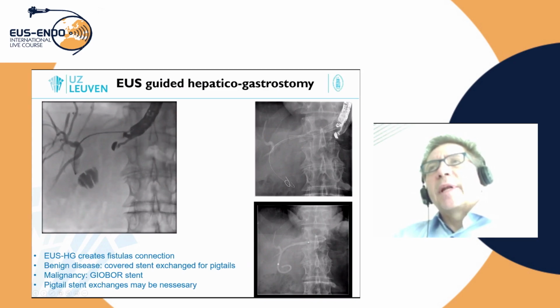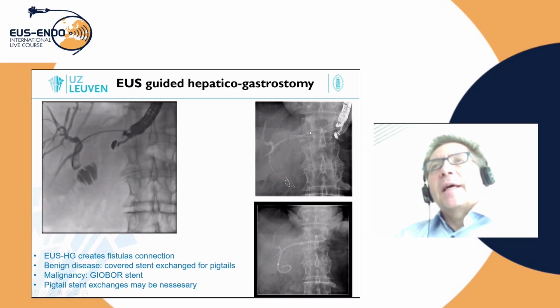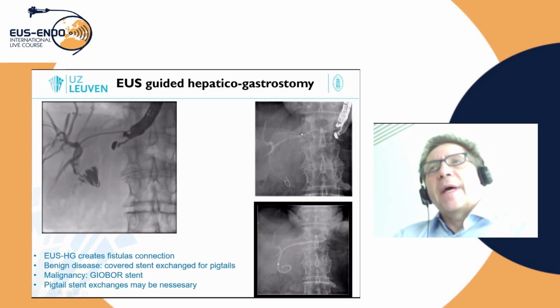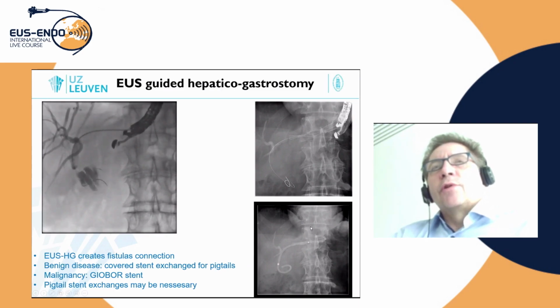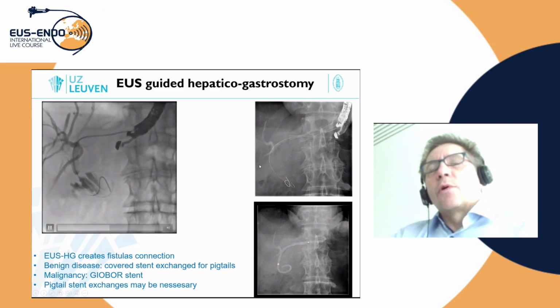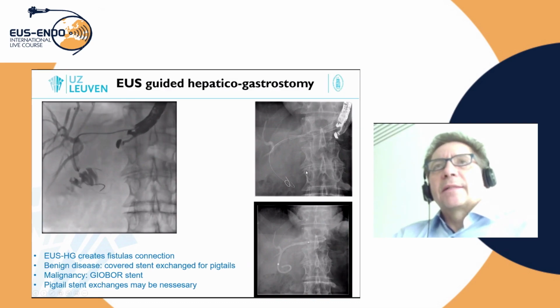This allows us to place a fully covered stent and then allows us to remove the stent after a week, and we have a tract from the stomach that we can then go back into the anatomy to define the cause of the obstruction, to remove stones if necessary, and to drain the anatomy. So you always have a gateway towards the dilated bile duct.